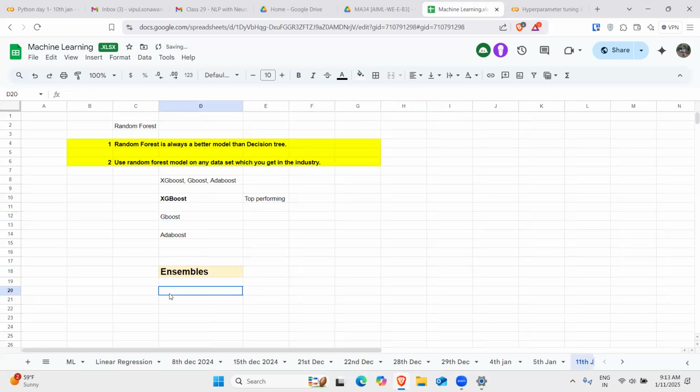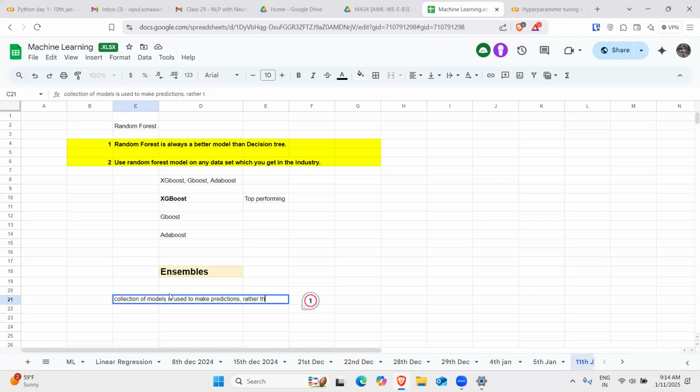It refers to a group of things which is viewed as a whole rather than individually. In an ensemble, it is known as a collection of models, and the collection of models is used to make predictions. Simple. So instead of using only one model, we use a collection of models to make predictions rather than individual models.